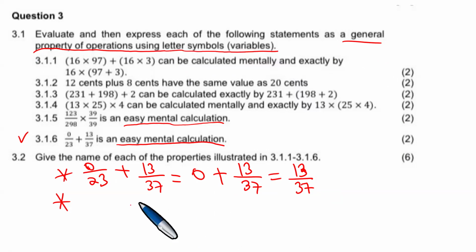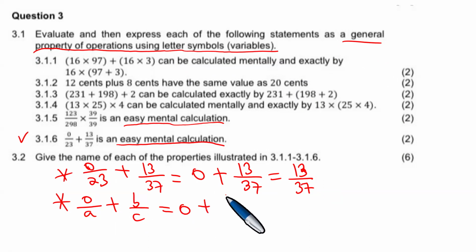Let's use some variables. Here we shall say 0 divided by A plus B divided by C. What is 0 divided by A? It is 0, under one condition.